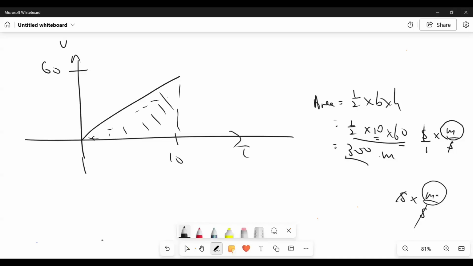In physics, they call this dimensional analysis. It helps us see that the area under the velocity time graph gives you the distance traveled by the object.